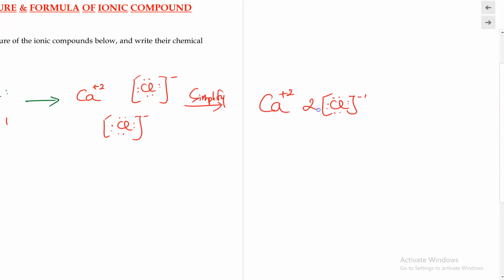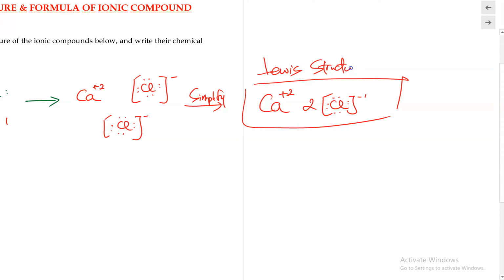So we put the subscript 2 outside, and this says that for every 1 calcium, there are 2 of this chlorine, and each of this chlorine is negative 1. So this is the Lewis structure of this ionic compound, and this is the simplified structure. We can either keep it in this format or this format, but I hope you realize that this is a better one, since it's less time consuming to draw.